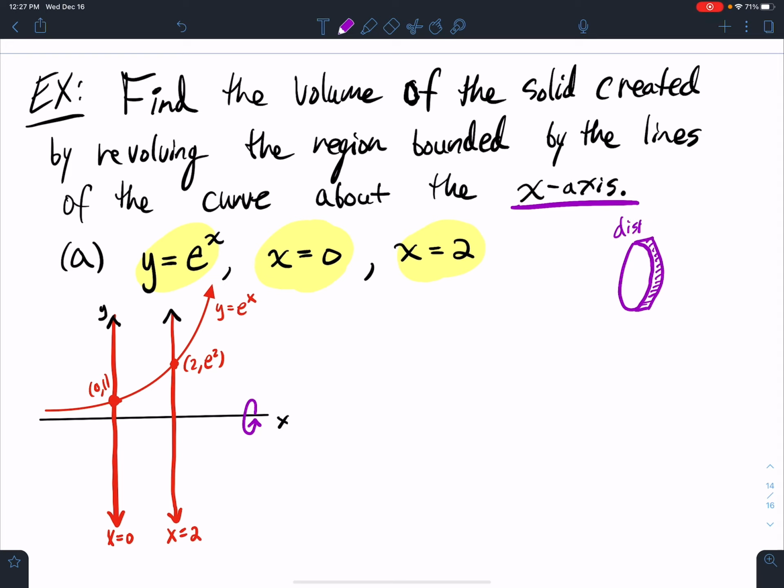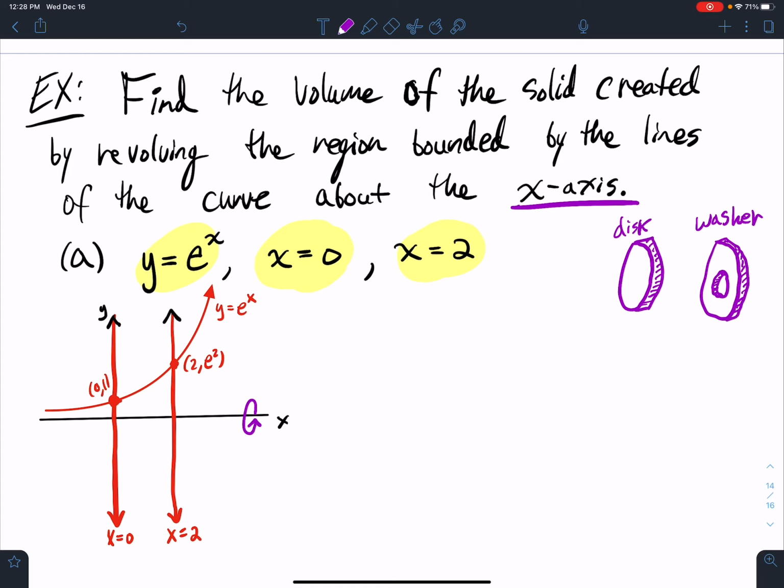The washer looks like a disk, except it actually has a hole punched out of it. If you've ever pitched washers, you know what a washer looks like. To get the washer, all you have to do is take two discs and subtract the middle piece out of the big piece to get the volume of the washer. That's the only difference between the disk and the washer.